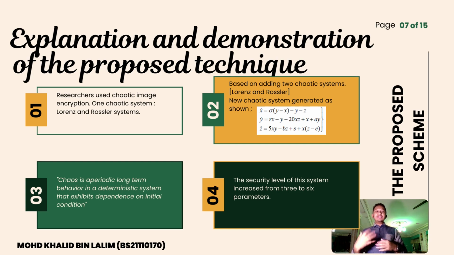So next is the security level of the system, which increases from 3 to 6 parameters. The security of the Lorenz and Rossler encryption method depends on three parameters. But in the proposed scheme in this paper, the security level was increased to 6 parameters.